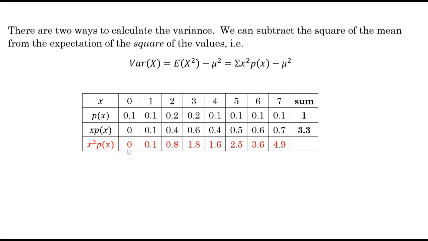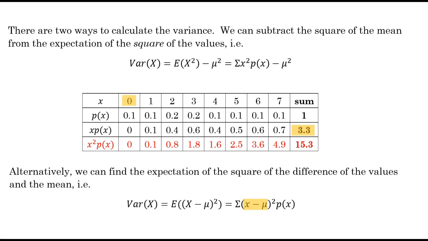I have all of these products of the square and the probability. I add those together and I get 15.3. That's not the variance. From that 15.3, I have to subtract the square of the mean. So I've got to subtract 3.3 squared from 15.3.